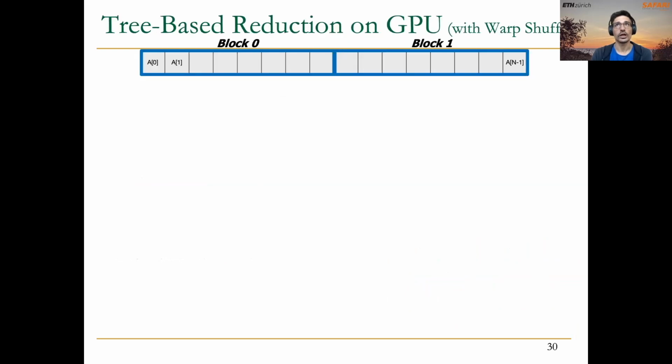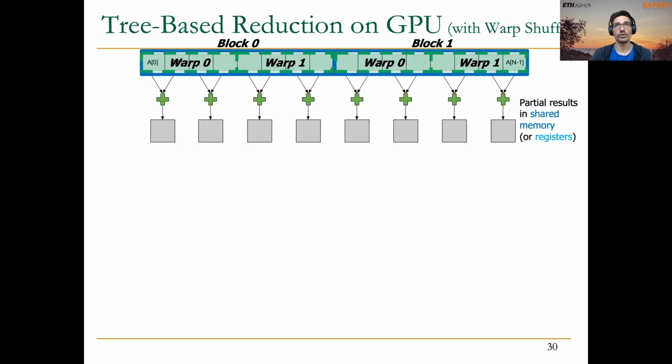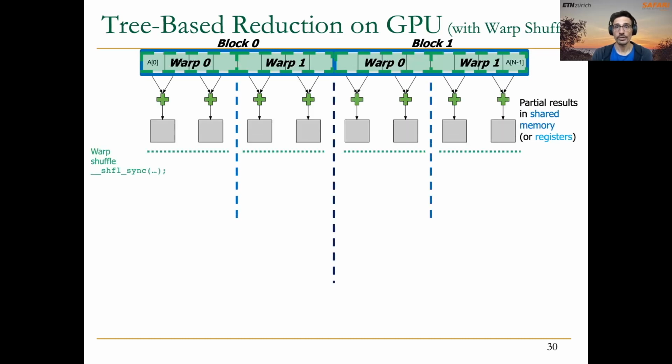What we essentially do in this simplified representation of the tree-based reduction is that whenever we only need to communicate partial results among the threads of the same warp, like these partial results from warp 0 or these partial results from warp 1, we don't need to use interblock synchronizations or intra-block synchronizations. We can use warp shuffle instructions to exchange values across different threads belonging to the same warp.